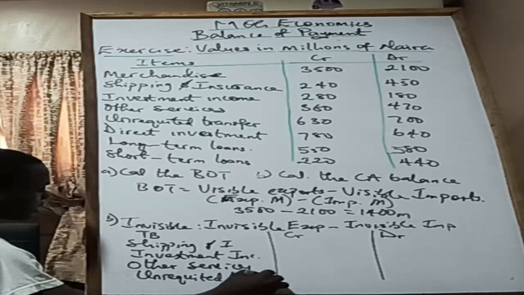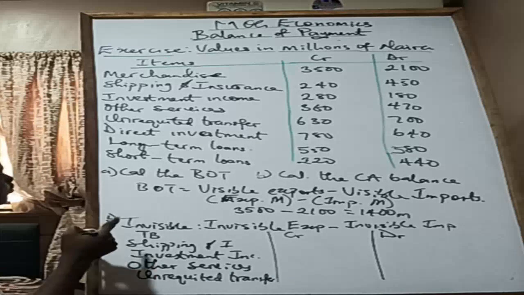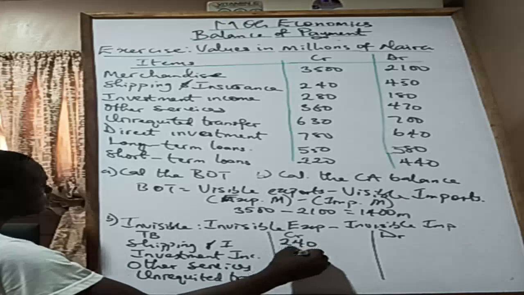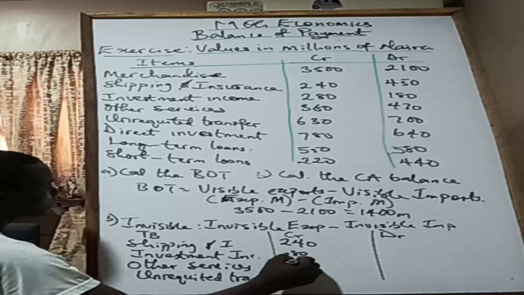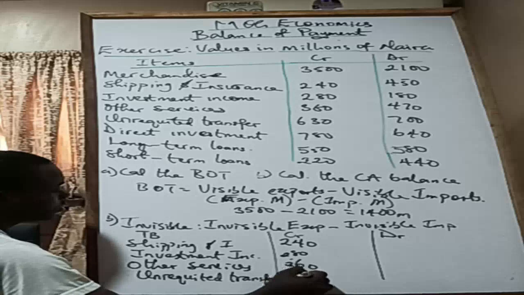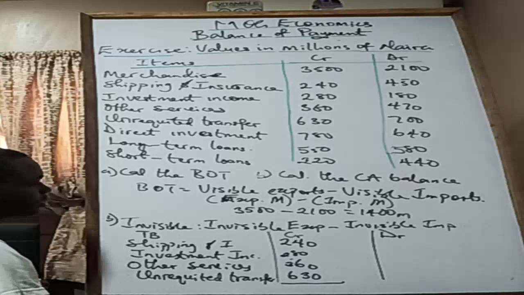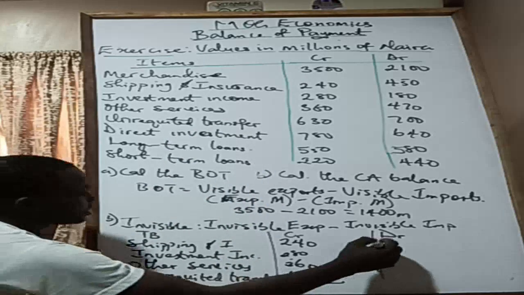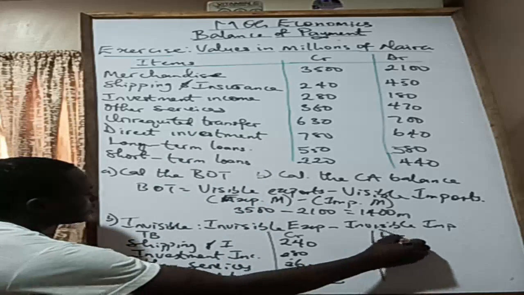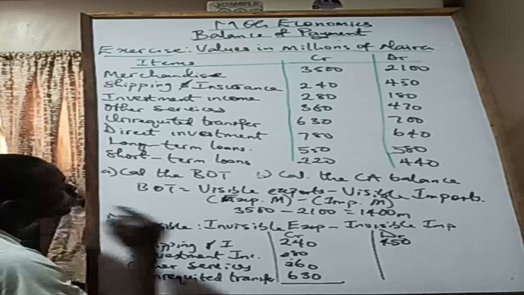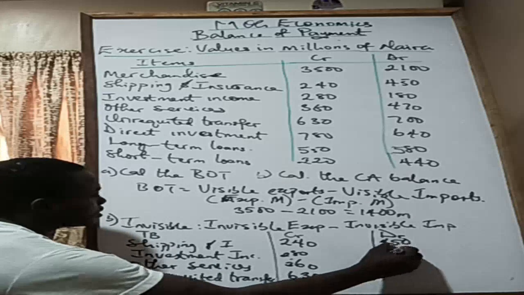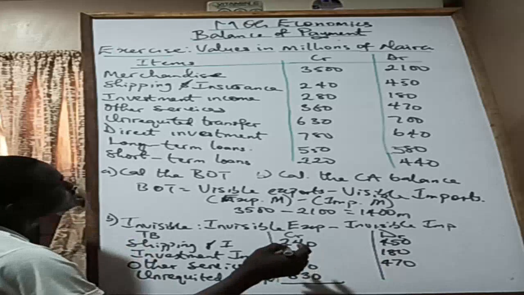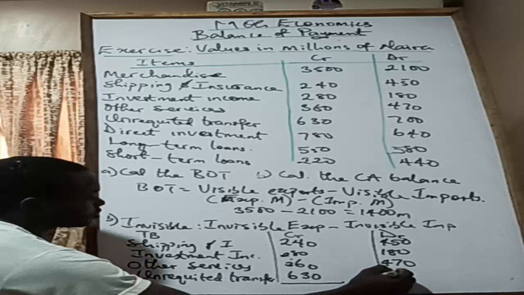So all of these items, if you look at it, 240, 240, 280, 360, and then 630. Then the debit side, which is the imports: 450, 180, then you have 470, and then you have 700.